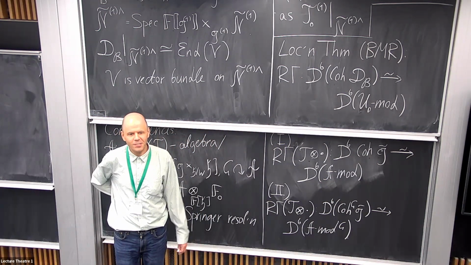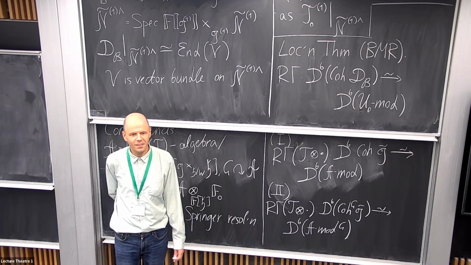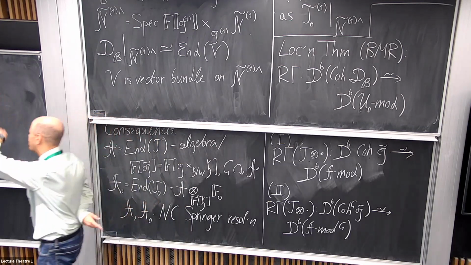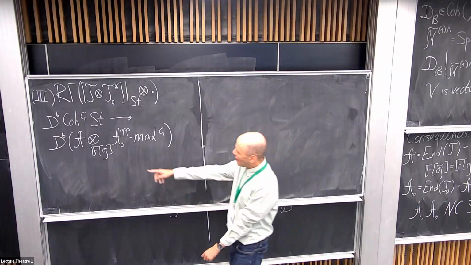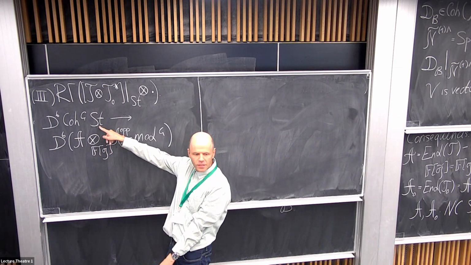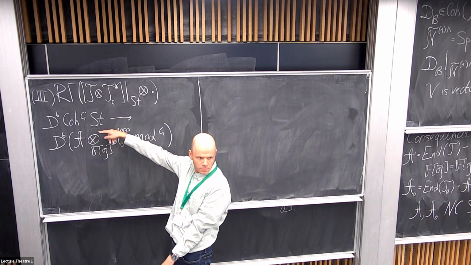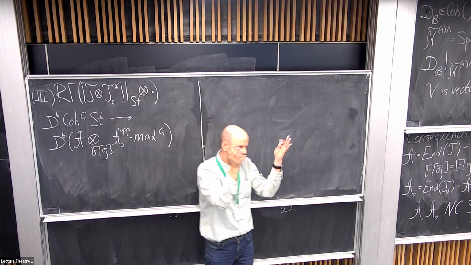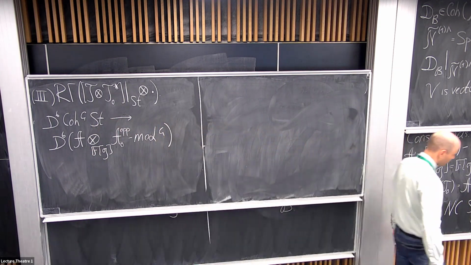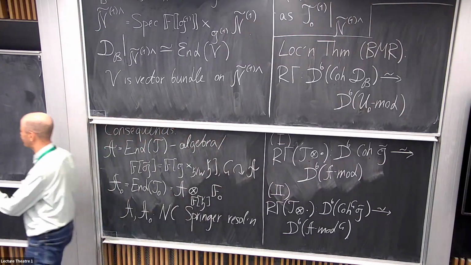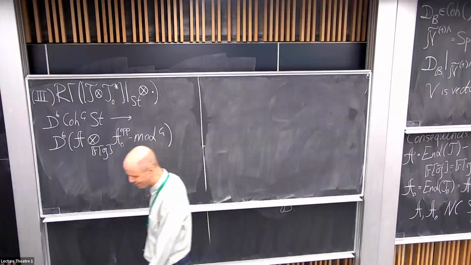BMR had another version of localization theorem for G tilde, and it's more technical, so I'm not going to mention it. Okay. So now this functions on h and subscript G that I have here correspond to each other. So you can sort of take the previous equivalence without this and somehow restrict it to this fiber product. There is a little bit of work involved, but that's more or less how it works.